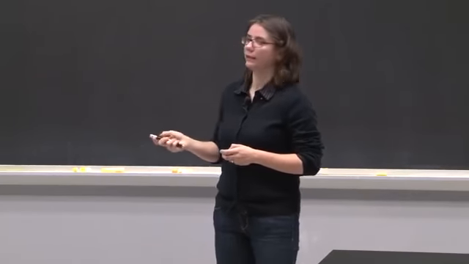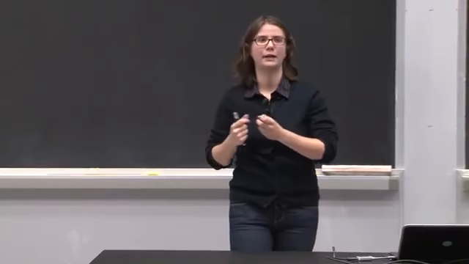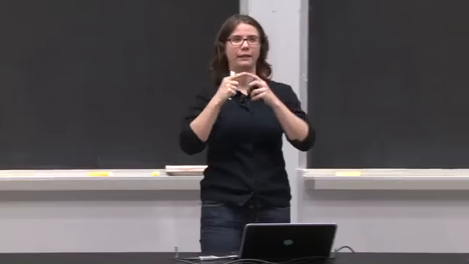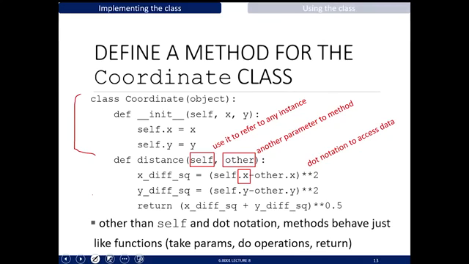Inside this method, I have to refer to the x data attributes of each object if I want to find the difference between the 2 x values. So that's why I'm doing self.x here, right? If I just did x, I would be accessing some variable named x in a program, which actually isn't even defined.